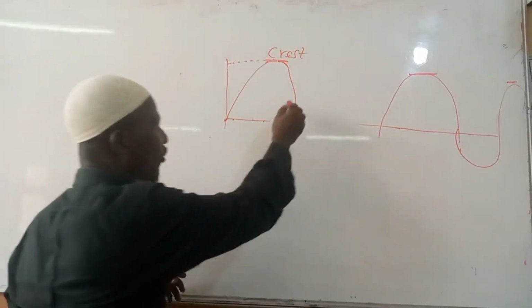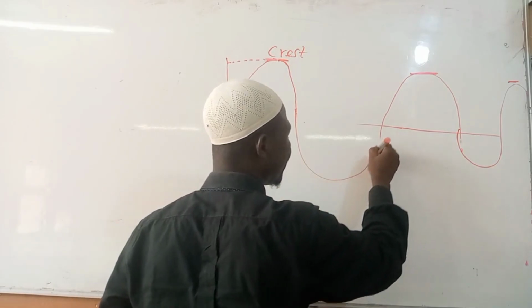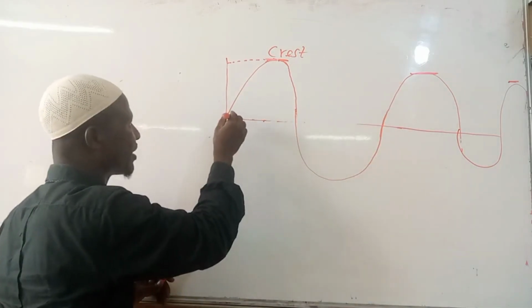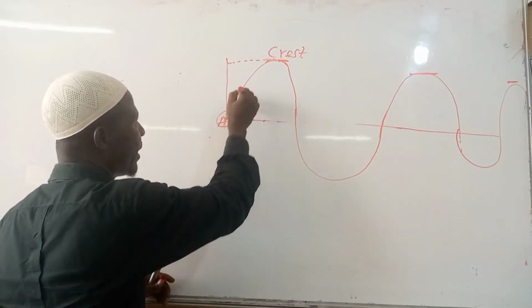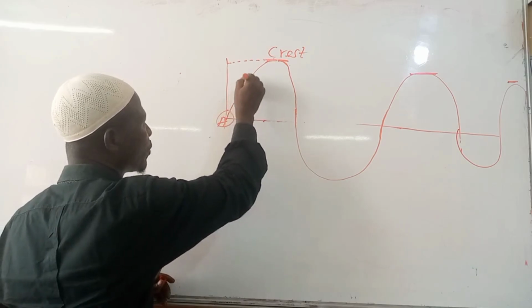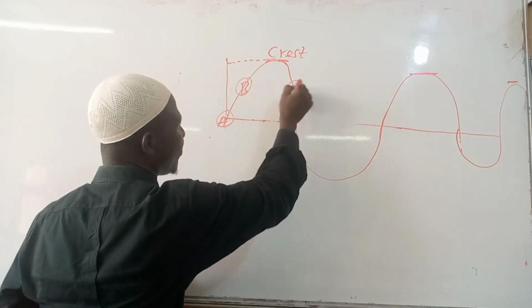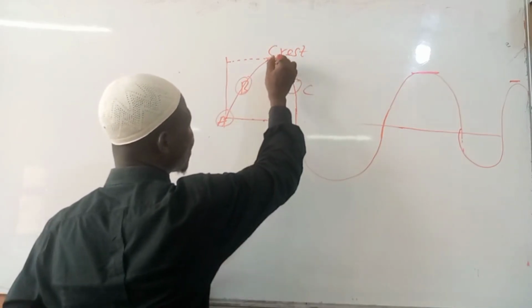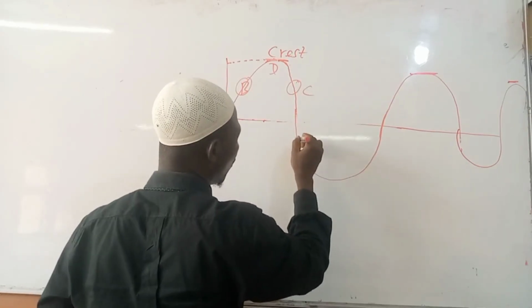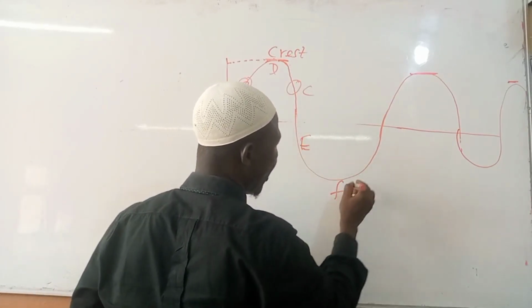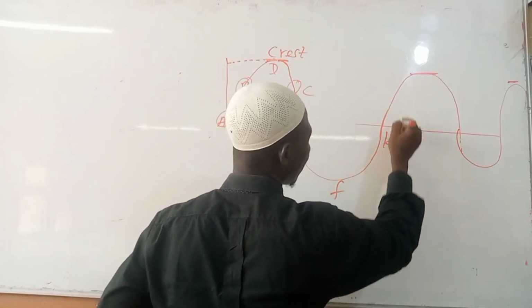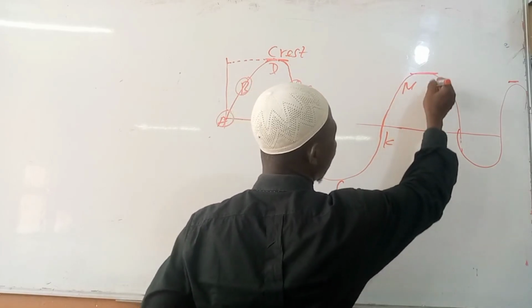Like what we had before, if you have a particle here, let's say particle A, then another one here, particle B, then particle C, particle D, particle E, particle F, and so on.